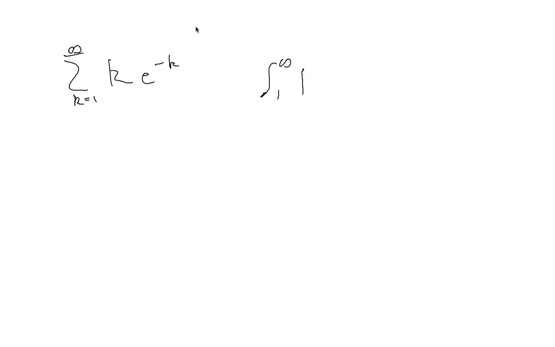Instead of k's, I need to turn the terms of my series into a function. Whatever my index is, whether it's k or n, I need to turn that into a function of x. So I need to write this stuff inside the integral as x e to the negative x dx. And now I need to find this integral.